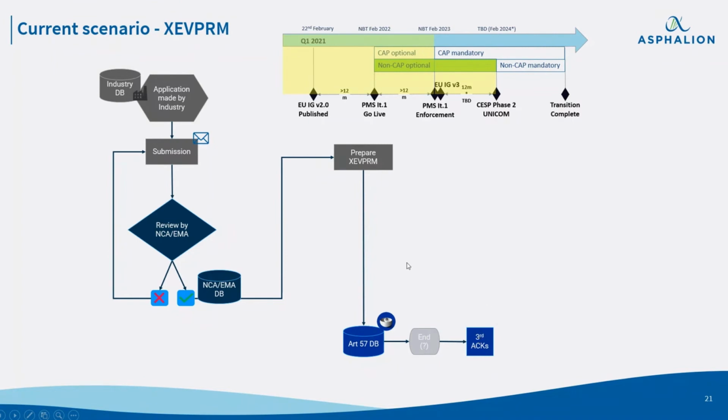And I'm mentioning this because this is something that complicates the whole process. This is a validation that is done by EMA. So they are actually comparing the information that we send in this XEVPRM with the information we have in the SmPC. So they take both, the document and the XML.